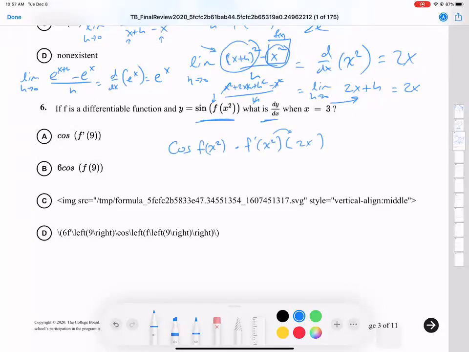When you plug in 3, it'll be cosine f of 9 times f prime of 9 times 6. So it's 6 f prime 9 cosine f of 9. This is your answer right there, D.